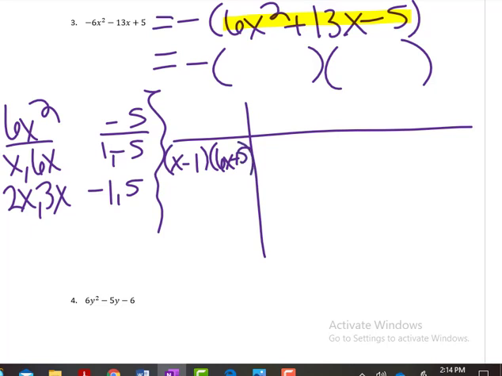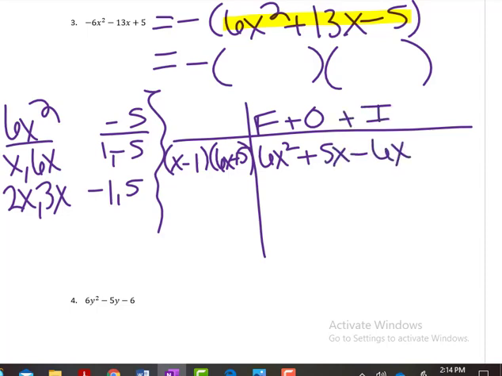All right, so I'm going to go first. I get 6x squared plus the outer plus 5x plus the inner minus 6x plus the last minus 5. All right, when I look at what's in the middle, I get a negative 1. What I need is a negative 13. So that's not what I need.